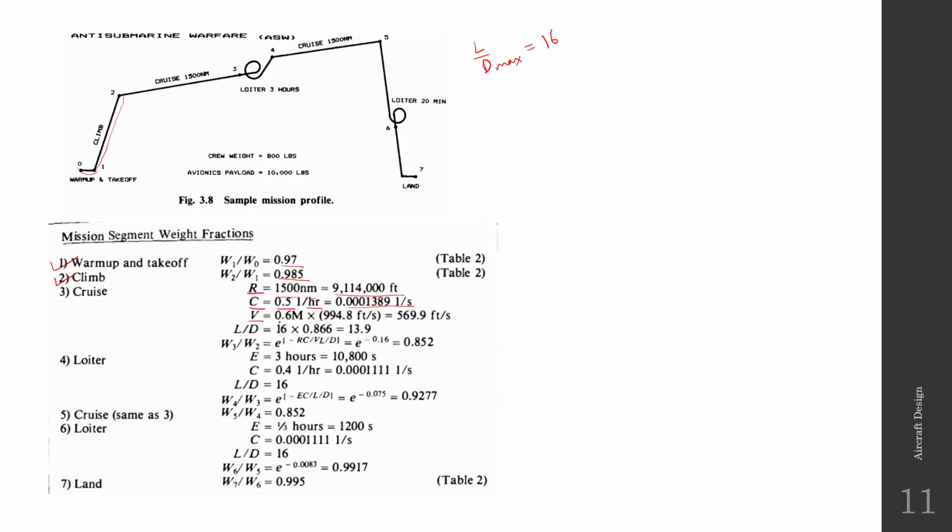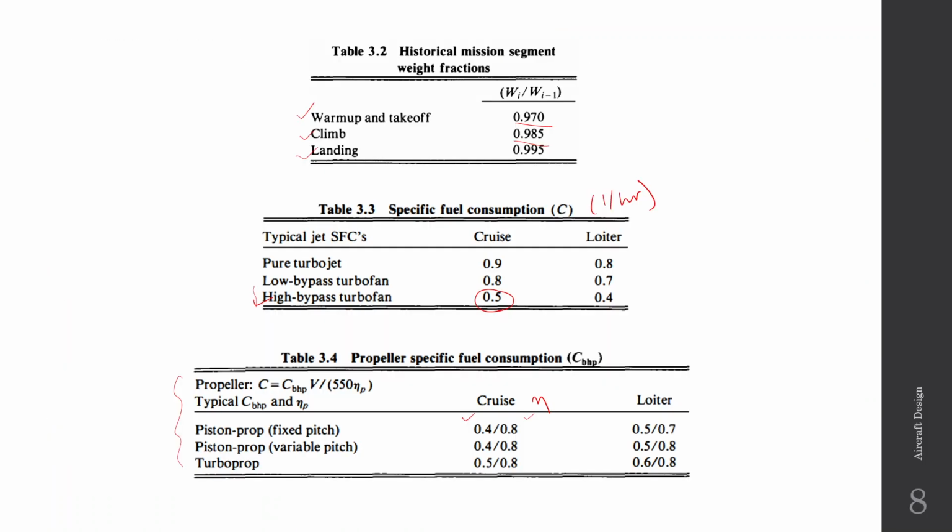Then we have the velocity, which is 0.6 Mach. The speed of sound is 994.8 feet per second, so you multiply it to get the cruise velocity. And we know that this is a jet engine, a high bypass turbofan.